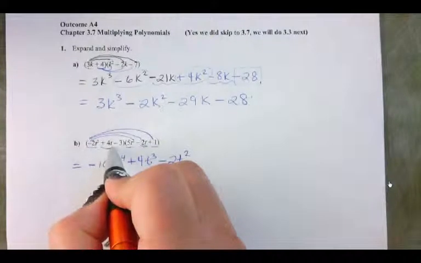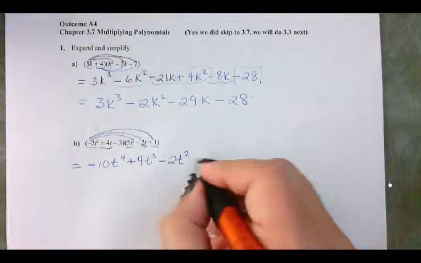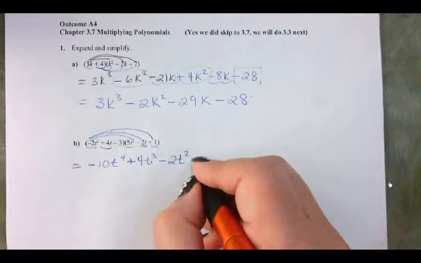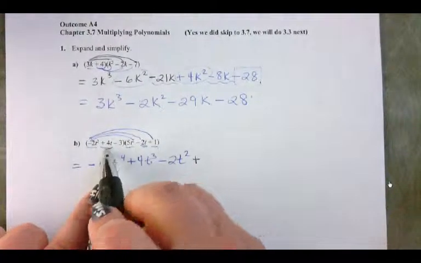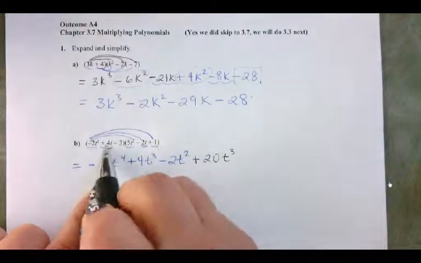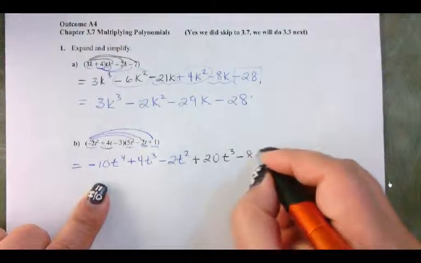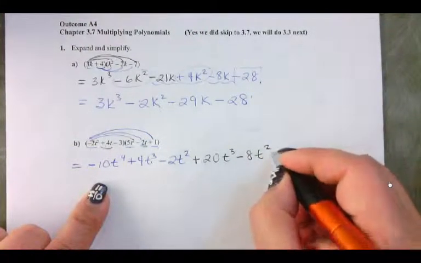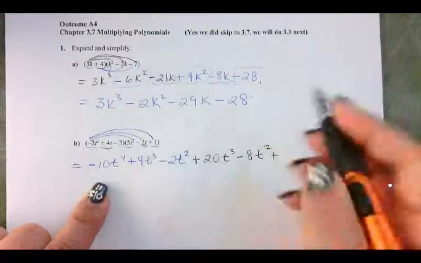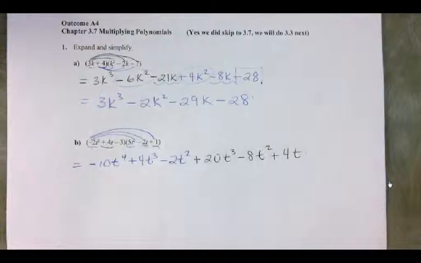I'm going to take this and multiply it by every guy here. So that's going to give me 20t to the power of 3, and then minus 8t squared, and then plus 4t.